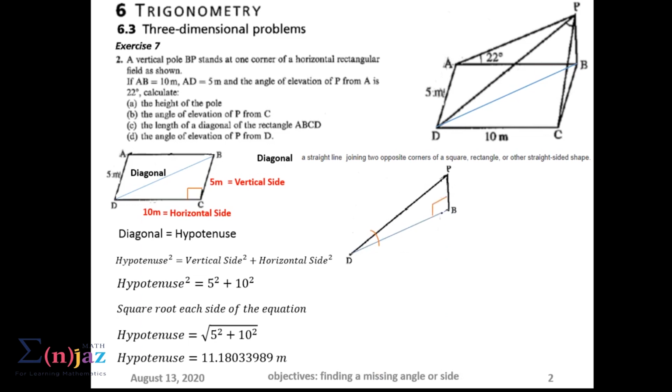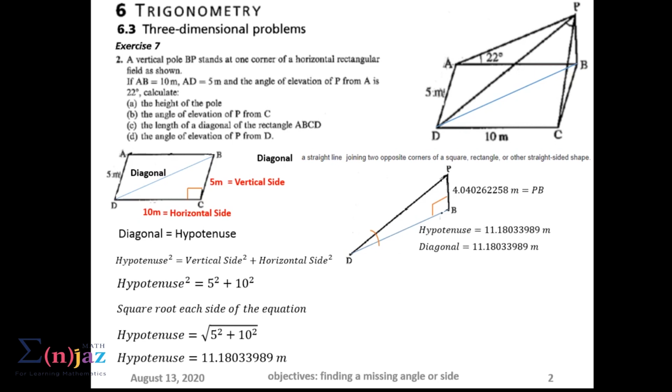This is my right angle, and this is my hypotenuse that I calculated in the previous step, which is 11.2. The hypotenuse is actually my diagonal, and this is the length of PB, which I calculated in the first part of the question.